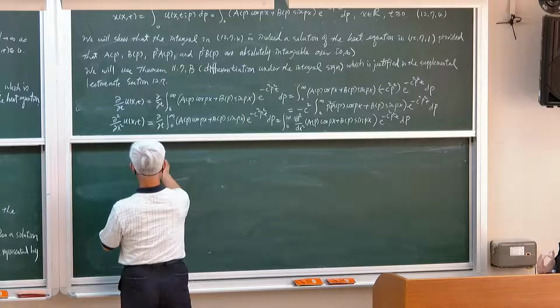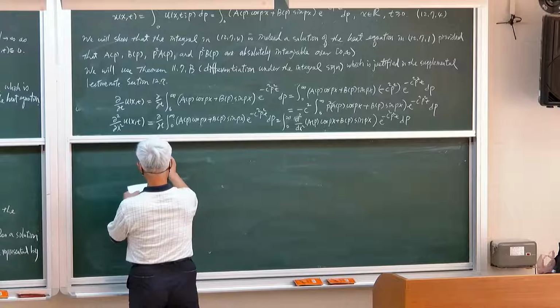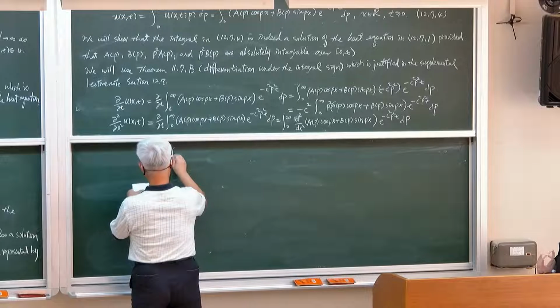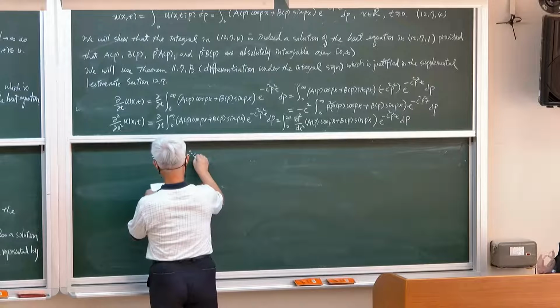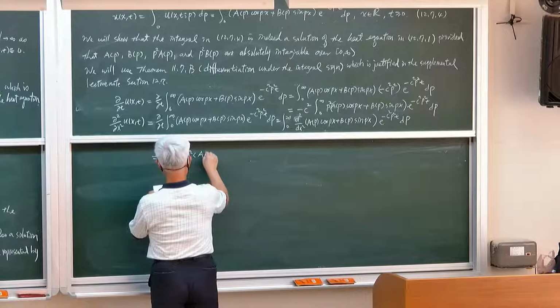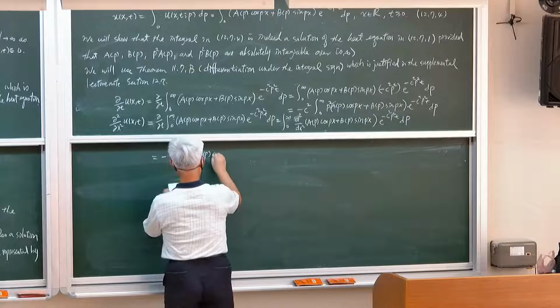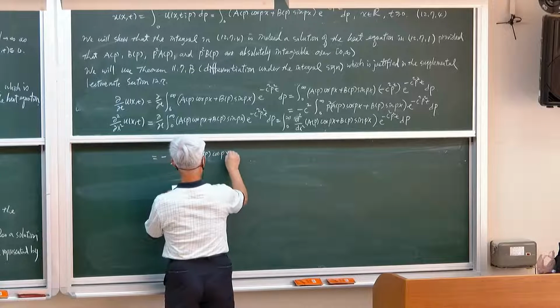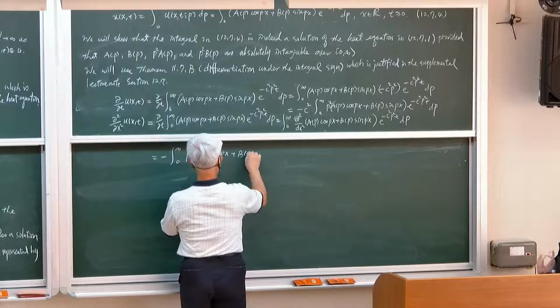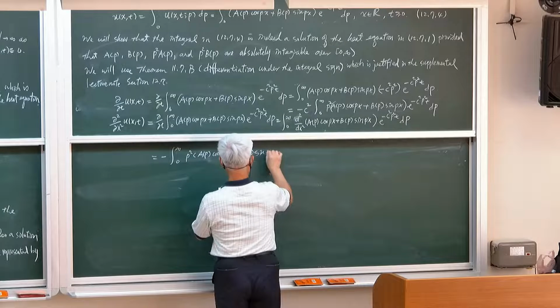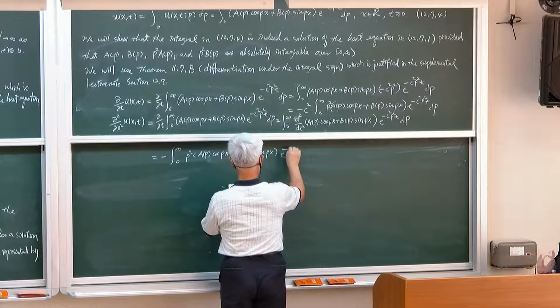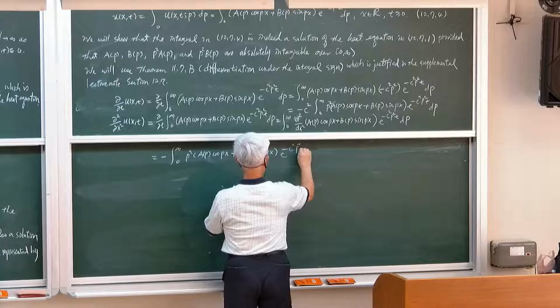So this is equal to minus the integral of p squared times AP cosine px plus BP sine px, times the exponential, dp.